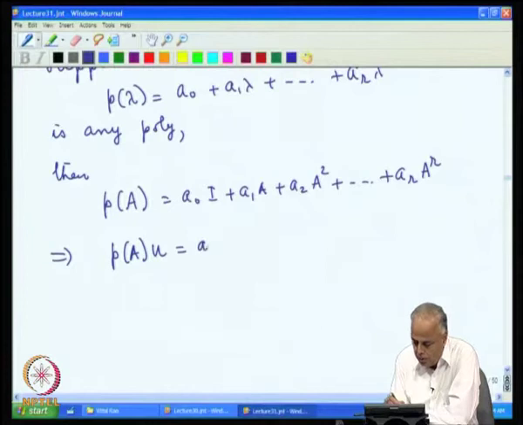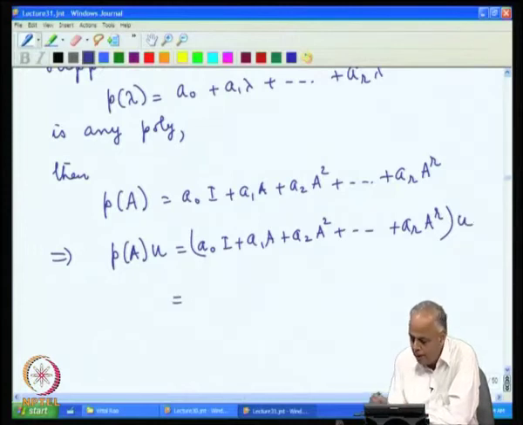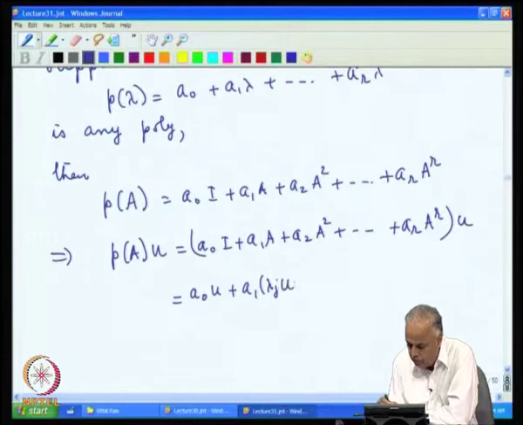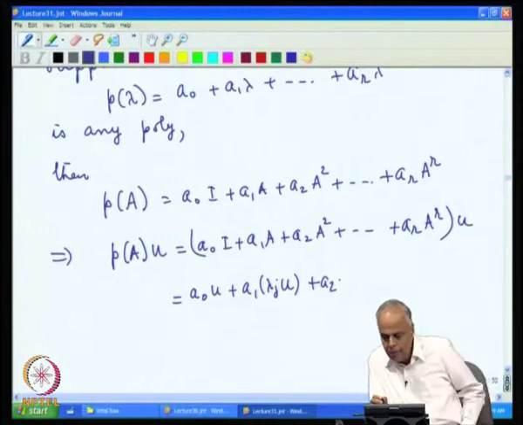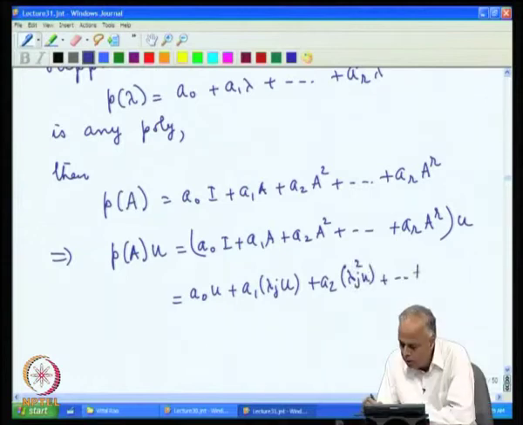P A u is A naught I plus A 1 A plus A 2 A squared and so on plus A r A power r into u. Now, we multiply: A naught I times u is u, plus A 1 A times u is lambda j u, because u is an eigenvector for eigenvalue lambda j, A 2 A squared u is lambda j squared u, we have just now seen that, and so on, A r lambda j power r u.